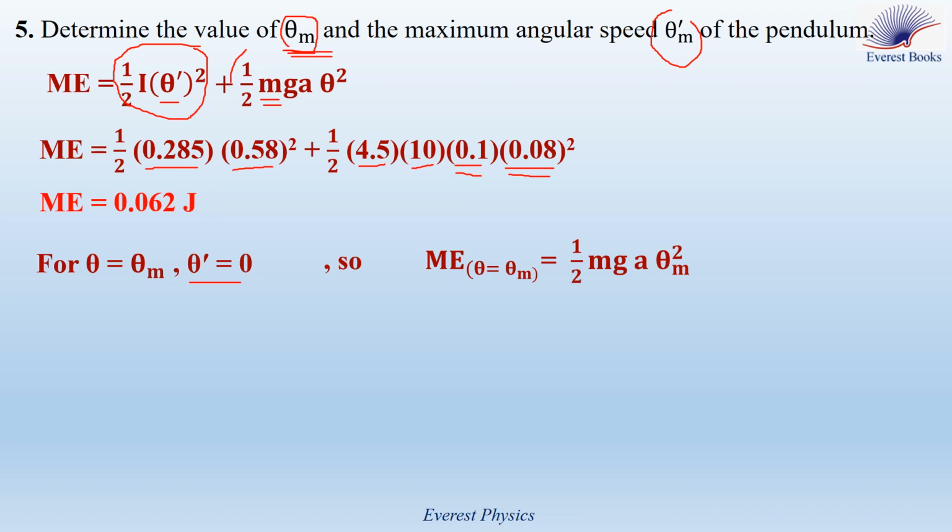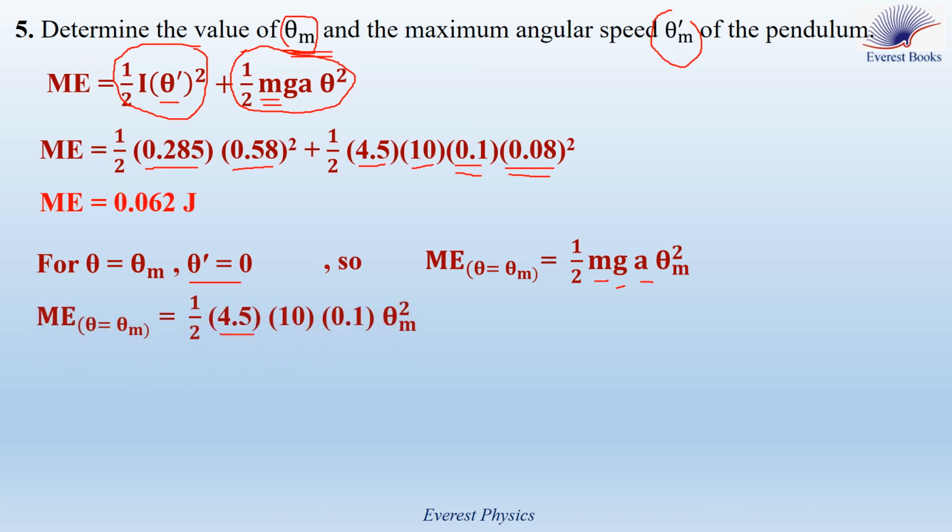So we still have only the gravitational potential energy. Now let's replace m, g, and a by their values. So we have the mass of the whole pendulum is 4.5 kilograms, the gravitational acceleration is 10, the position of the center of mass is 0.1, and this is going to be 2.25 theta m squared.